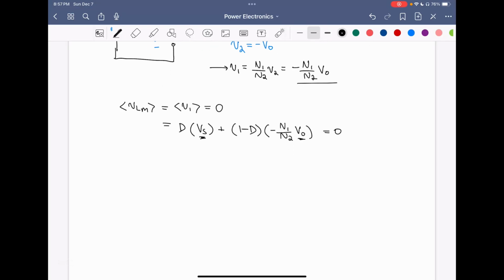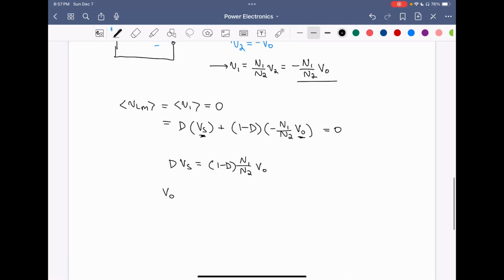So let's proceed to solve for that. We have D times Vs equals 1 minus D times N1 over N2 VO, and we want to solve for VO. So divide both sides by this quantity, and we get N2 over N1 times D over 1 minus D times Vs. So this is our conversion ratio here.